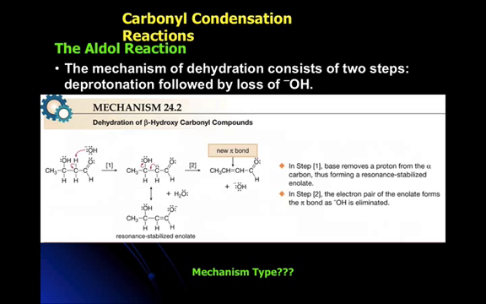Can you explain to me why the first step is fast and the second step is slow? Repeat that, please. They're quite acidic, that's right. And so that reaction we expect to occur fairly quickly. So why then does the second step occur so slowly?